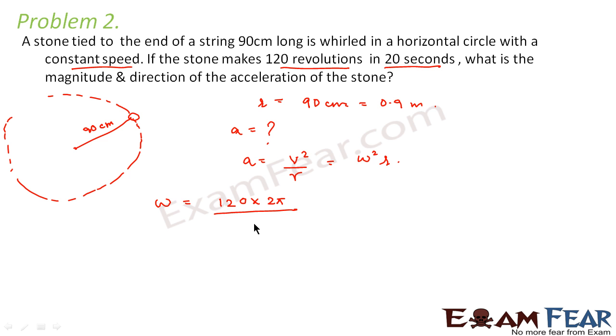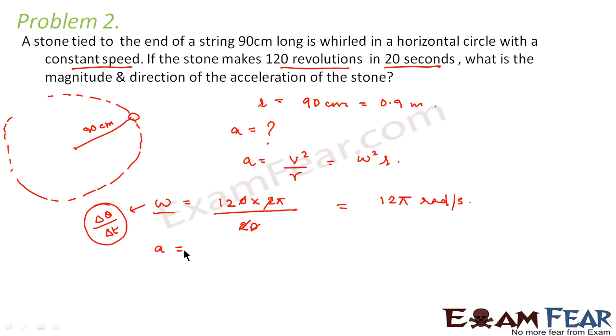So in 120 it should be 120 into 2 pi. And it covers this in 20 seconds, because angular velocity is nothing but the angular displacement by time taken. So this will be equal to 12 pi radian per second. So this will be the value of angular velocity.